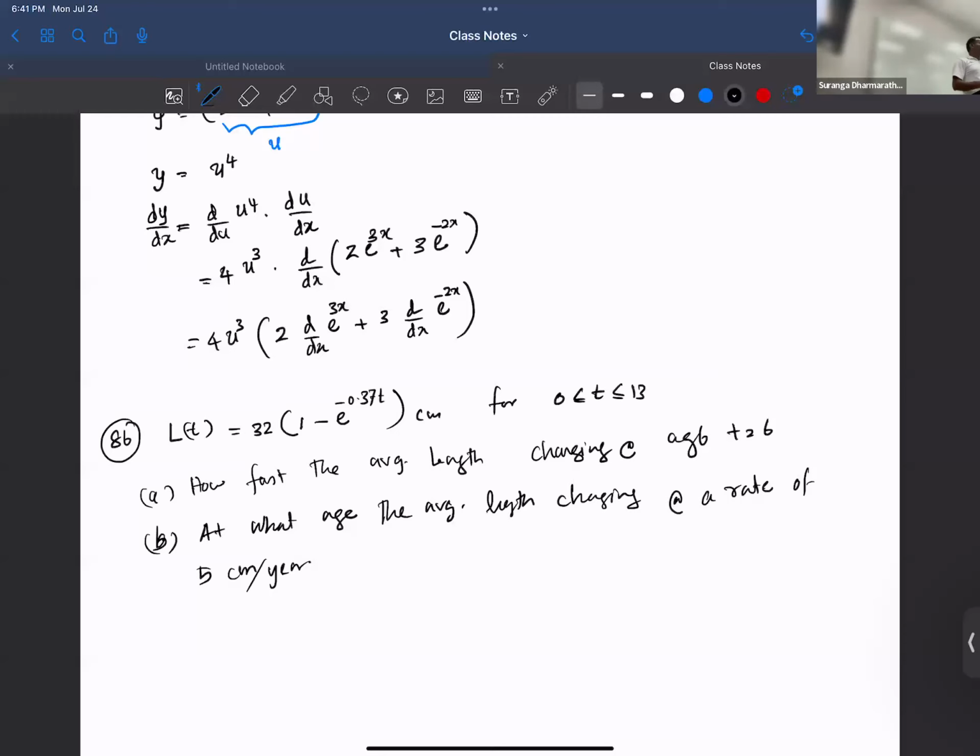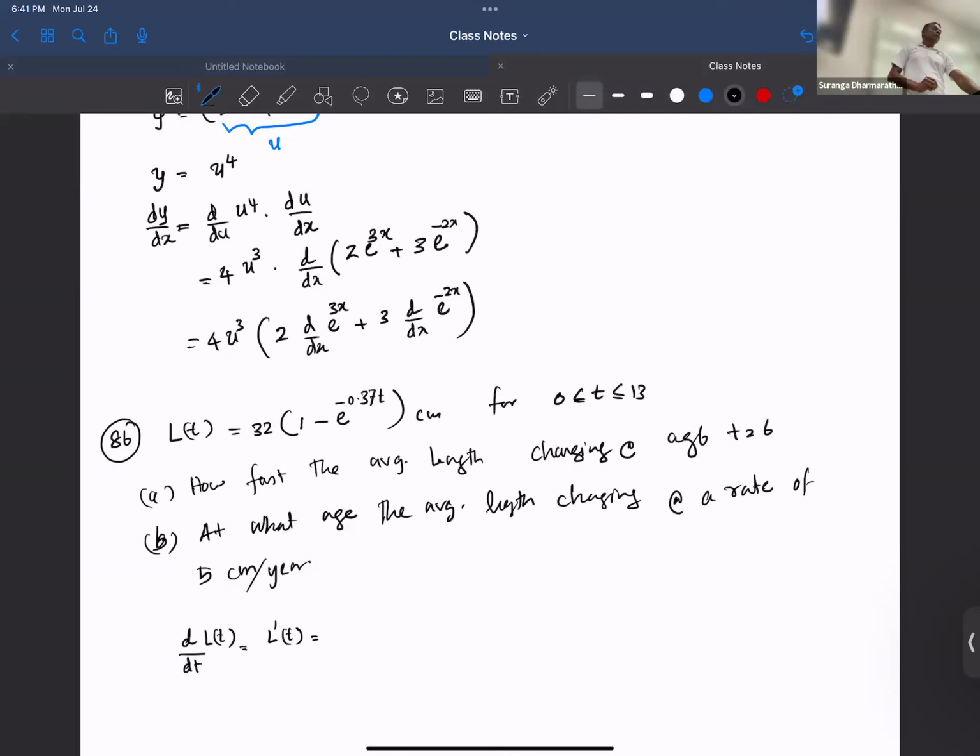So this is an example I took because it's related to biology. This is how species length scales, and even some factors related to humans are calculated. They are exponential functions. So now what do we need to find? We need to find d over dt of L(t), which is called L prime t.